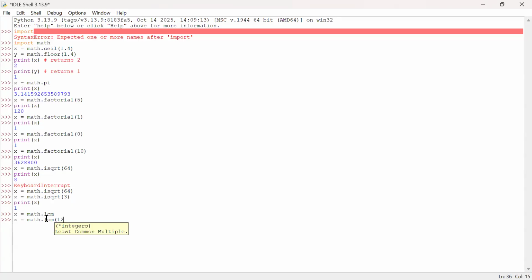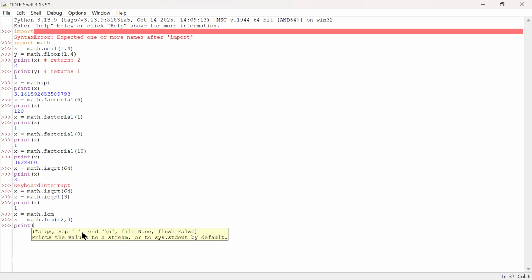Oh, so you're putting 12 and 3. Okay, let's see. Hit enter and print X. 12. Okay, so that's the lowest common multiple they have in common.